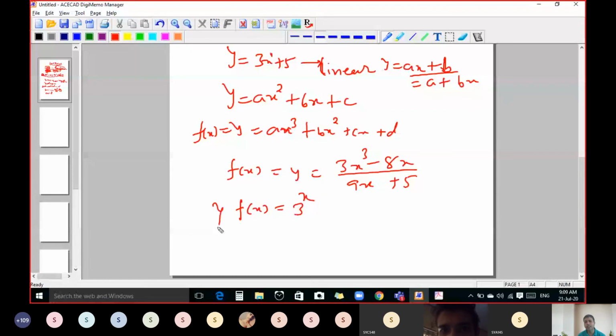What is x and what is y? So you can say that x is number of days and y is number of patients or number of persons having positive corona.